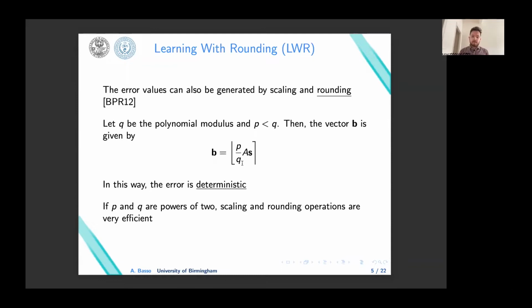In this way the operation is deterministic, so there is no need for randomness to generate the vector E. And if the values of P and Q are powers of 2, this operation can be implemented very efficiently.